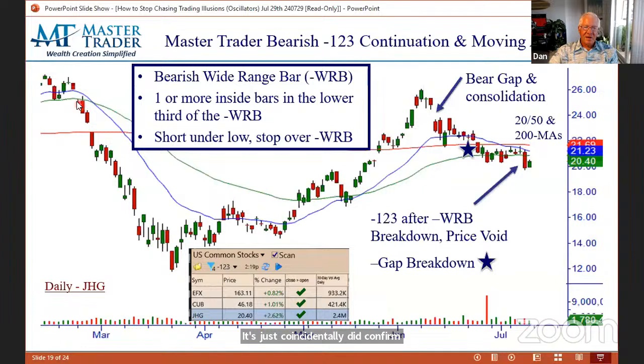We had a bearish gap here, continuation bar, and I can't see to the left, but I'm assuming there's a price void, which is one of our concepts, which means look to the left and there's insignificant support. So here, when did it get extended? This is the farthest from the 20 MA. And that doesn't mean anything other than it's down a lot.